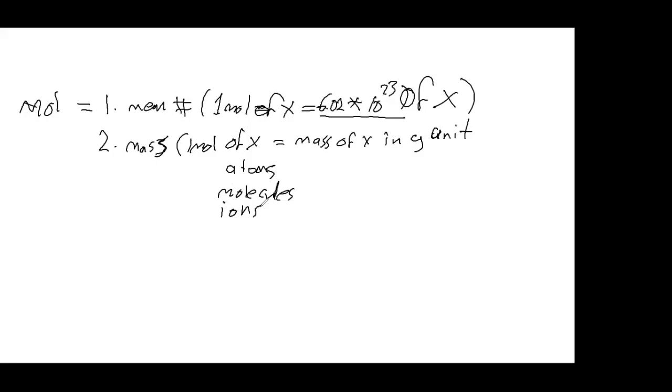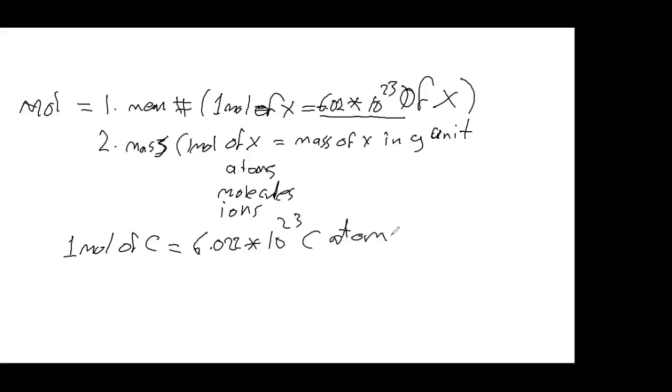Now, let's look here, for example. 1 mole of carbon will equal, we said the mole means two things. If it's a number, it will give us this number, 6.022 times 10 to power 23 carbon atoms.